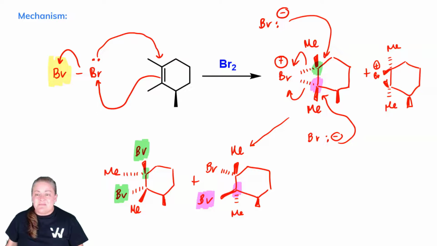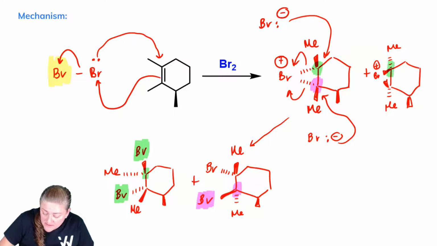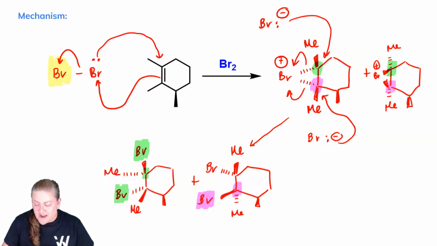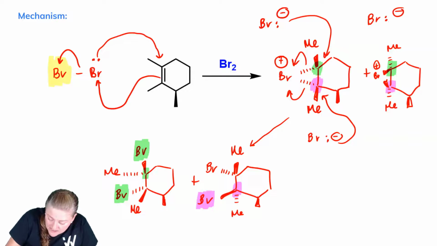Now we have to do the same thing to the other structure we drew. So let's take a look now at attacking the green and pink carbons of the other structure, and then we can compare. Again, mechanistically, it's the same. The bromine nucleophile comes in and attacks, and the ring will open up.